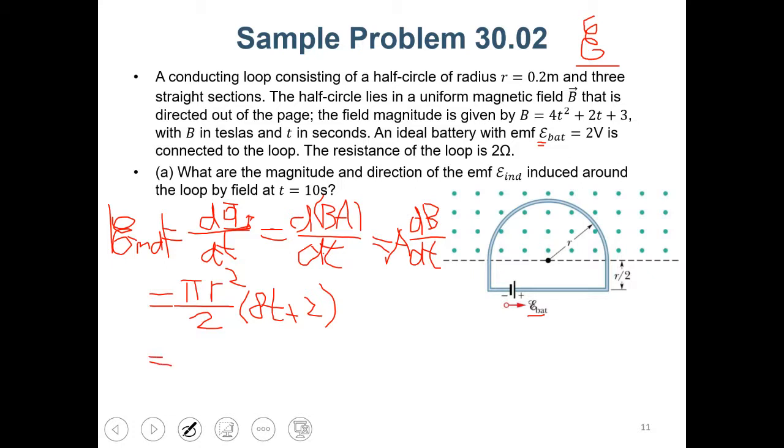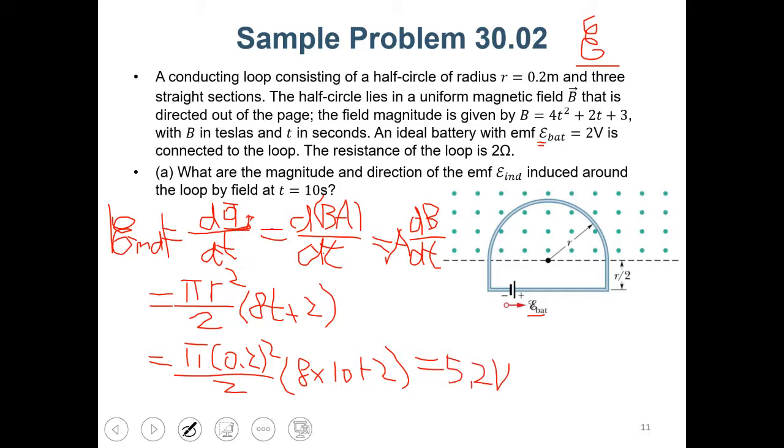So we substitute R equals 0.2 meter, and time would be 10 seconds. So A times 10 plus 2 turns out to be 5.2 volt.